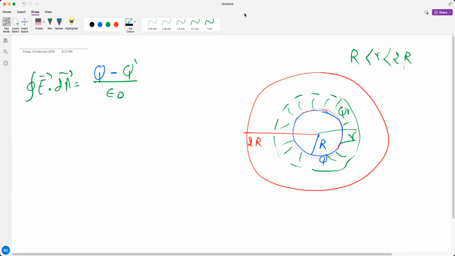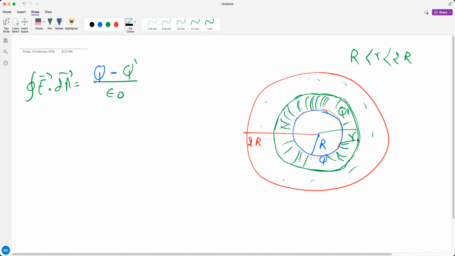So the difference here is that the red shell is an insulator, which means the charge is located everywhere. And I want to consider just this part. So I want to calculate the charge included in the green region.